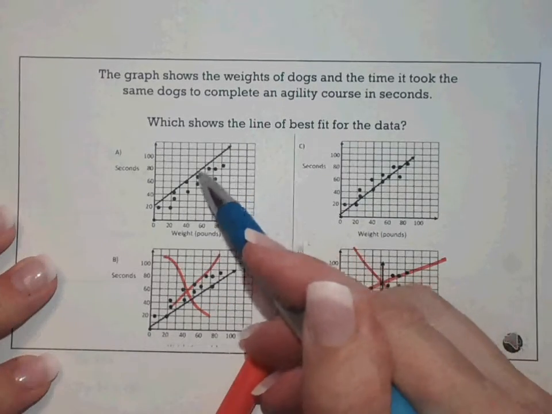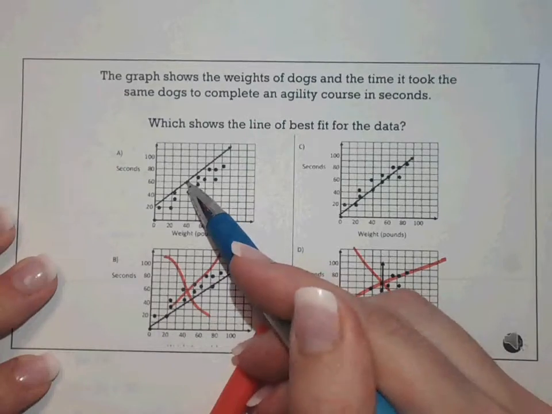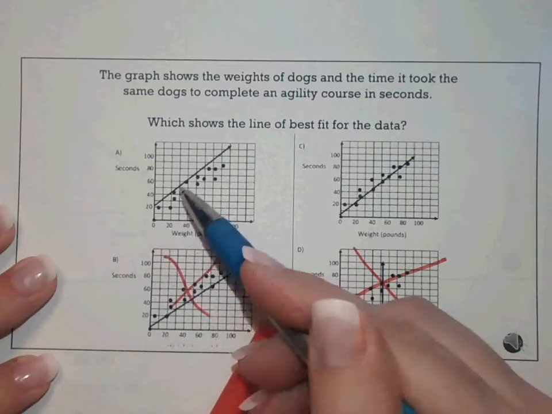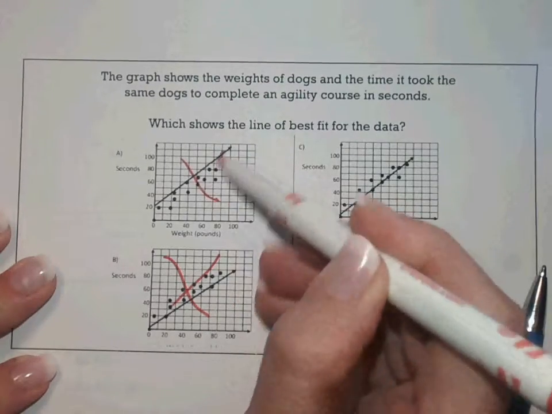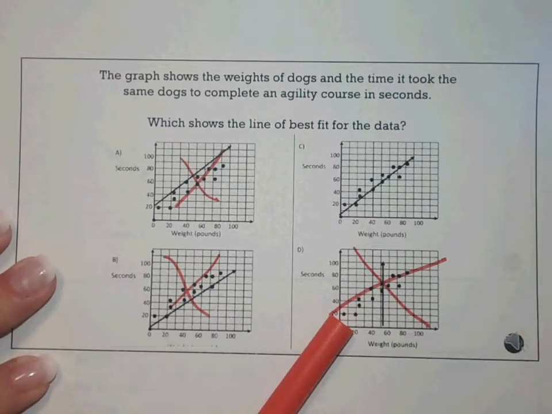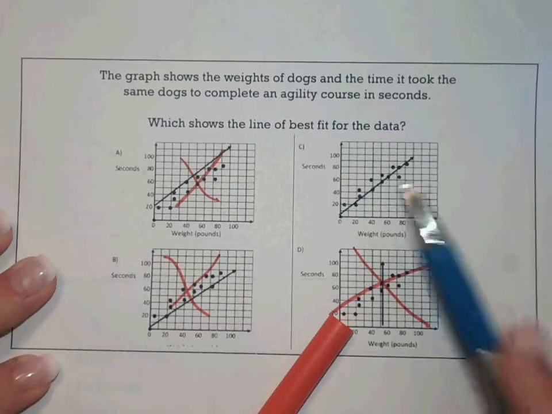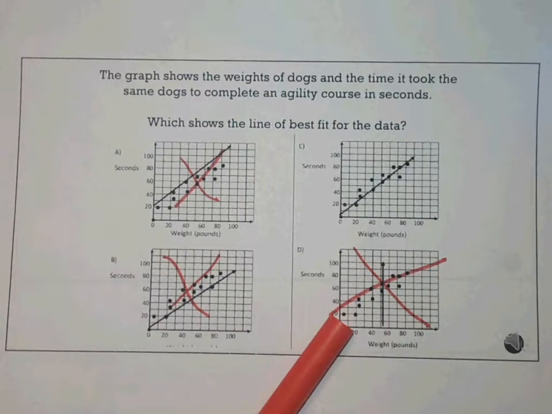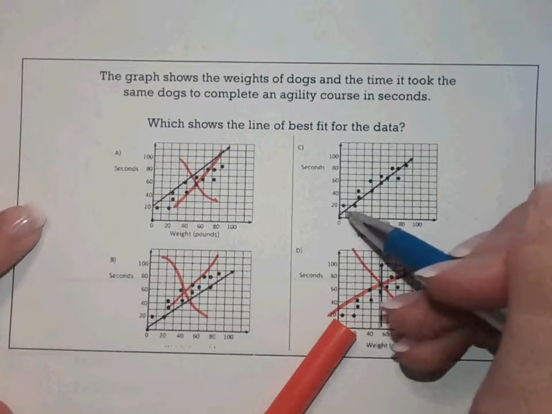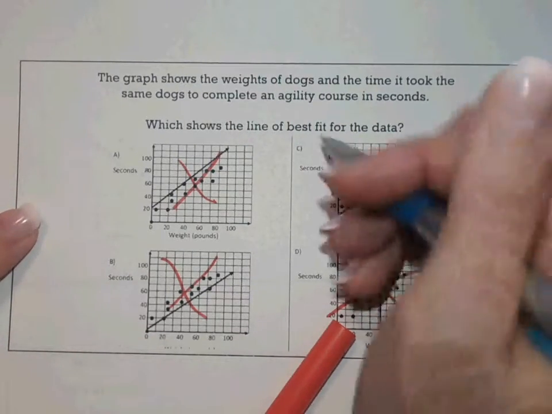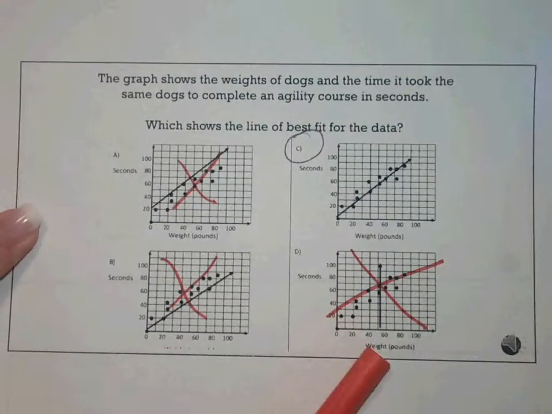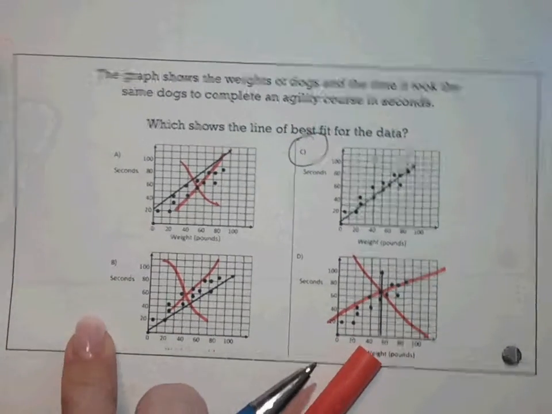And this one, it's going through two of the points, but it's going above all of the data. So it's not giving us a good representation. This one would be our best choice because it's going through several of the points, and it's a good representation of the data. It's going through the middle of all of those points. So I'm going to choose C there.